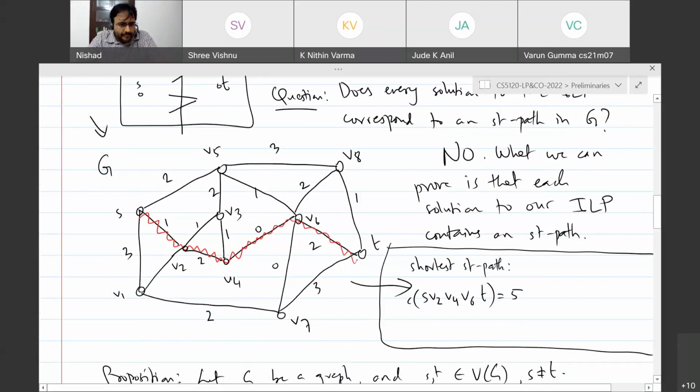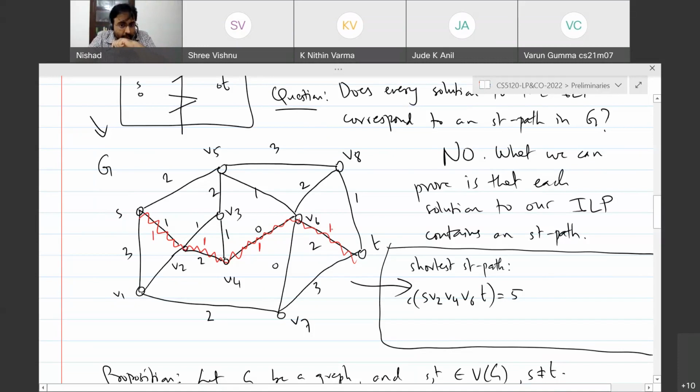So this will give us a solution to the ILP, which would be to set all of these edges to be 1. So all the x variables for these edges, you would set to 1, and the others you would set to 0, right? And this will give you an optimal solution to your ILP, right?